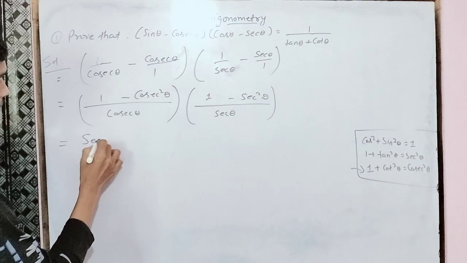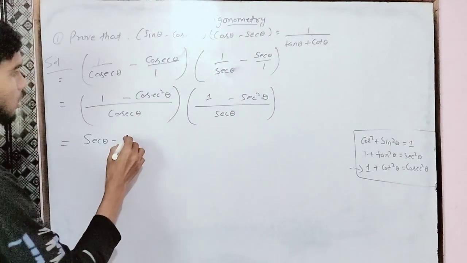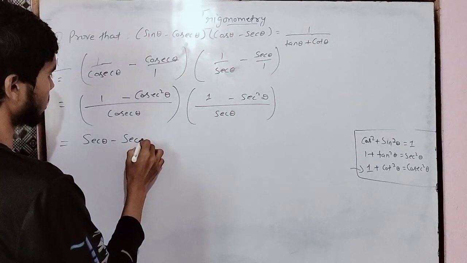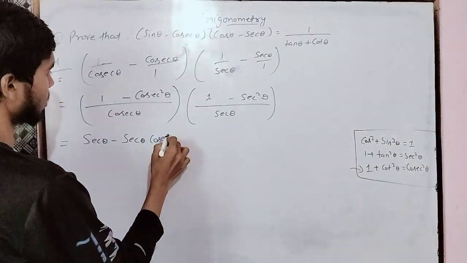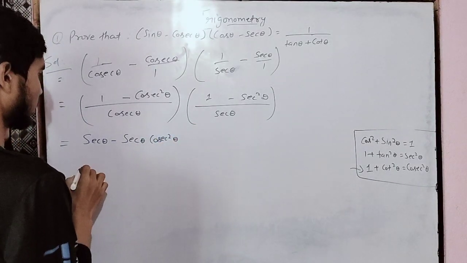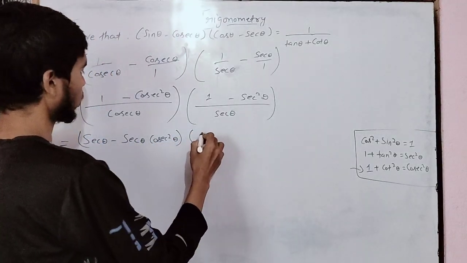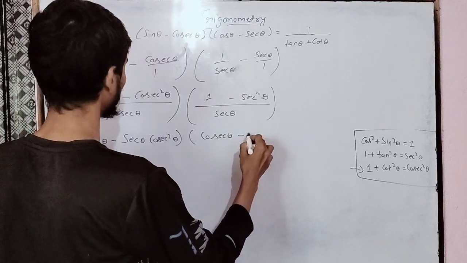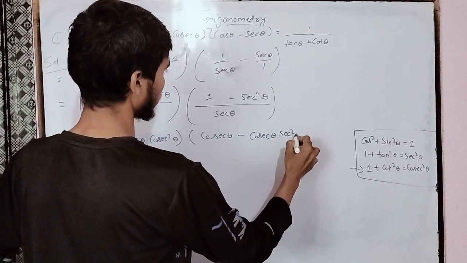So sec theta minus sec theta into cosec square theta. Clear? Cosec theta minus cosec theta into sec square theta.